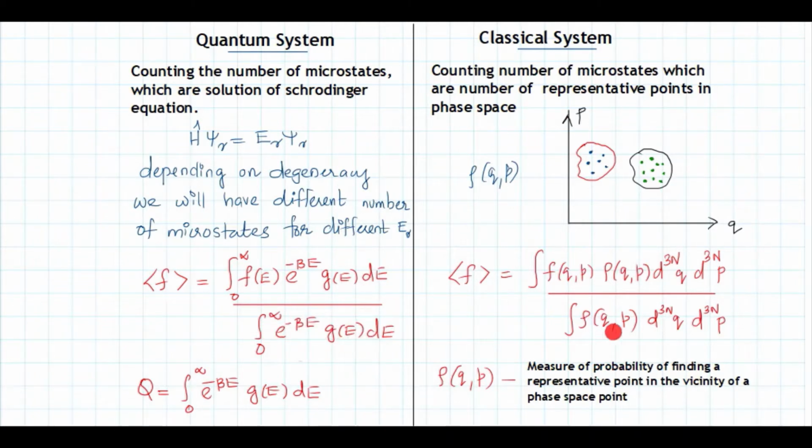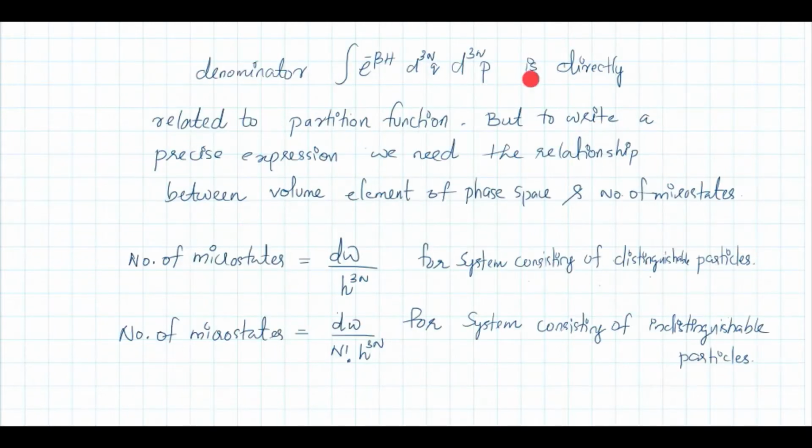For classical systems the denominator is the integral of rho d^3N q d^3N p, where rho is e raised to minus beta H for this classical case. So the denominator is related to the partition function. But to write a precise expression, we need the relationship between the volume element of phase space and the number of microstates. Corresponding to a particular volume of phase space, how many microstates are there?